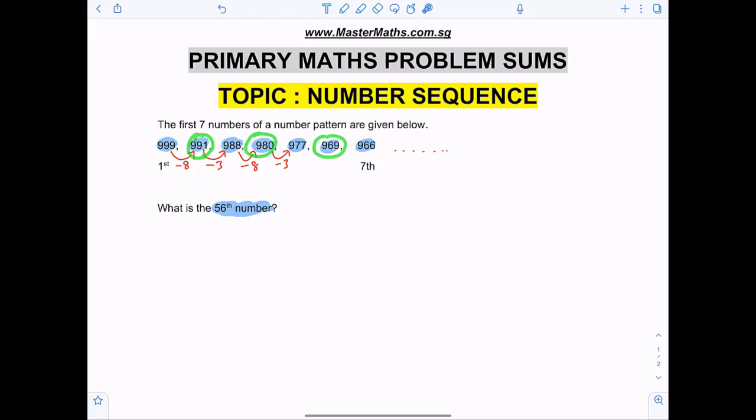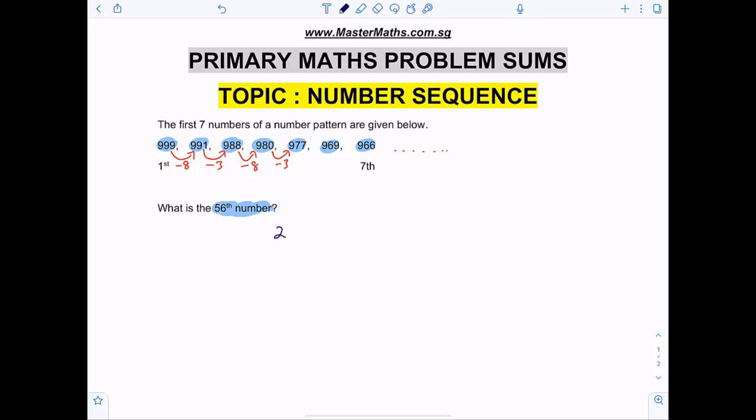The even positions, for example, the second number, the fourth number, the sixth number, are all even positions. Between the even positions, the difference is always minus 11. And since number 56 is an even position, we need to focus only on the even position numbers.